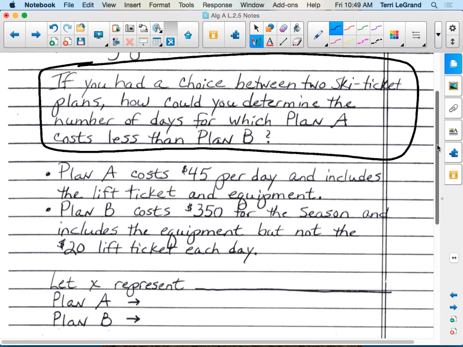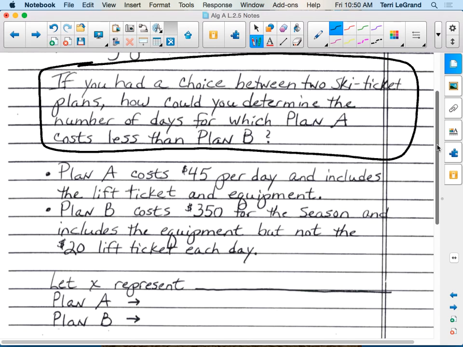If you had a choice between 2 ski ticket plans, how could you determine the number of days for which plan A costs less than plan B? Anybody have an answer for me? X represents the number of days.